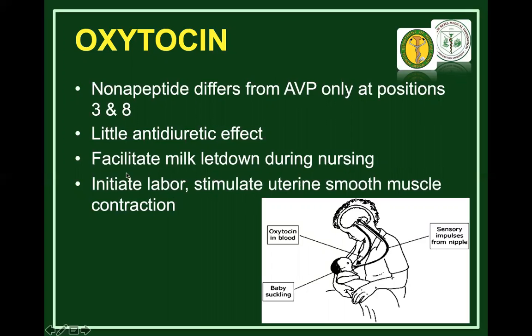So in pharmacologic doses, if this is given to initiate labor and to augment labor, then this little antidiuretic effect can be present, and this can also have clinical effects.